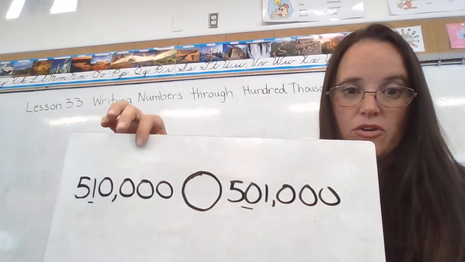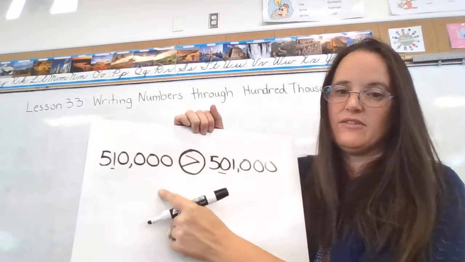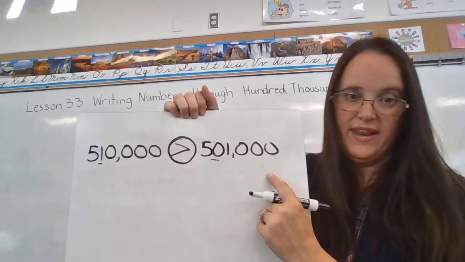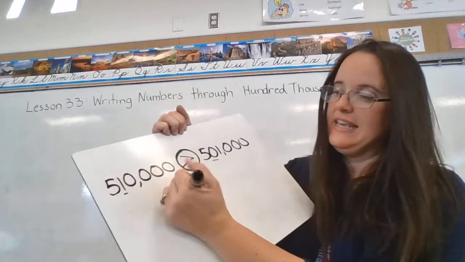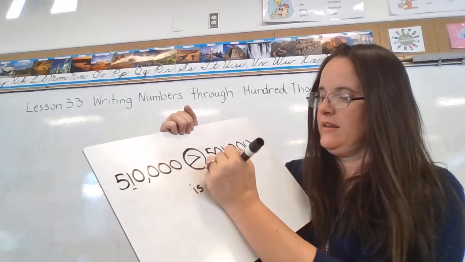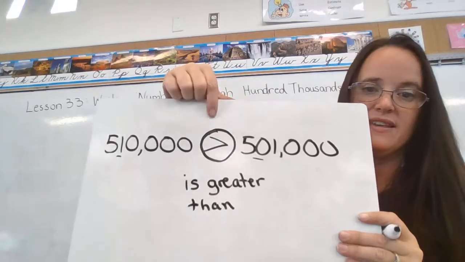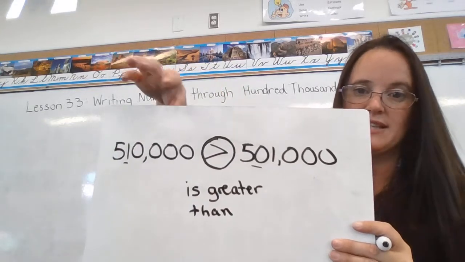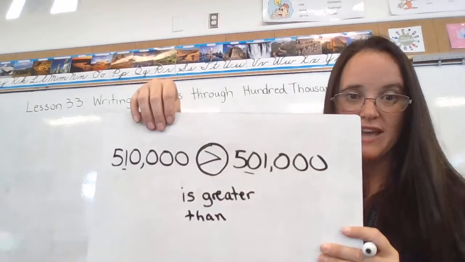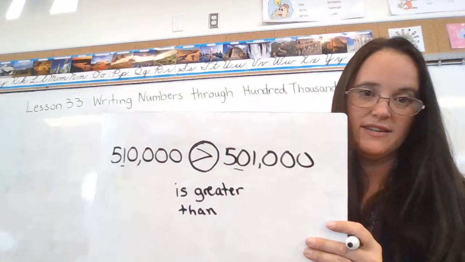This is our bigger number. So we're going to say 510,000 is greater than 501,000. Is greater than is what this symbol means, because the number that's written first on the left is greater than, it's bigger than the number that's written second on the right. Okay?